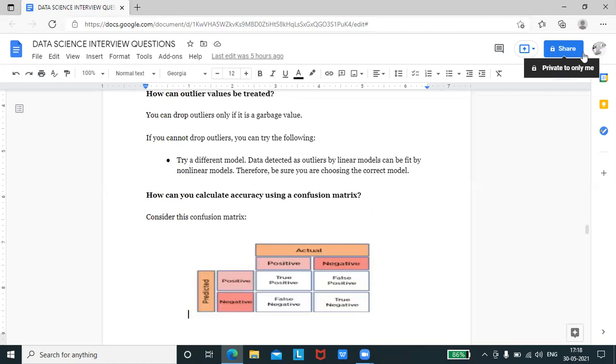So once you find out the true positive, true negative, false positive, and false negative, then we can find out the different parameters.